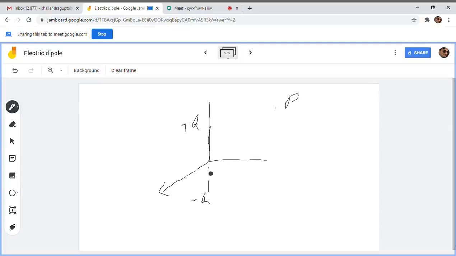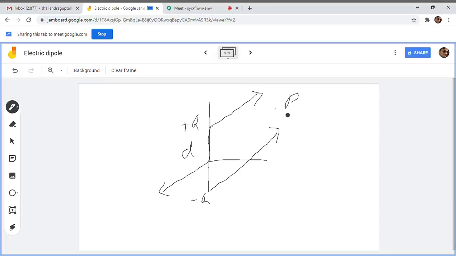So what exactly happens is that the electric field lines that come from here are nearly equidistant. They are nearly parallel to each other, because they have to meet at nearly infinity. We can say that this point is so large with respect to this d that this point P can be considered very far away. And when two lines have to converge very far away, they can be considered parallel lines. So this has been approximated.